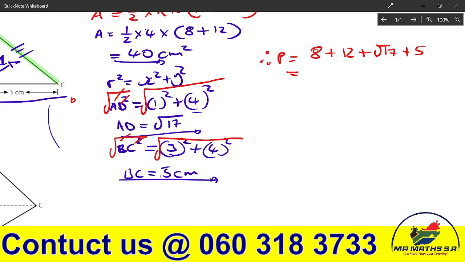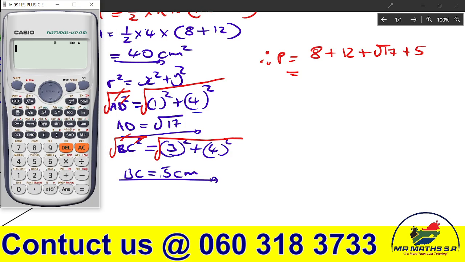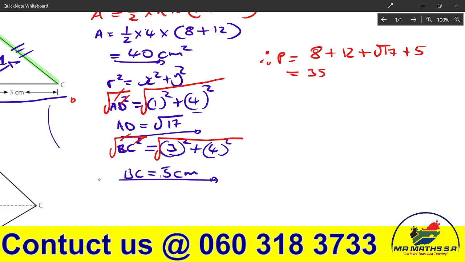So for the calculator, 8 plus 12 plus root 17 plus 5. For the calculator, you are getting 35 plus root 17.